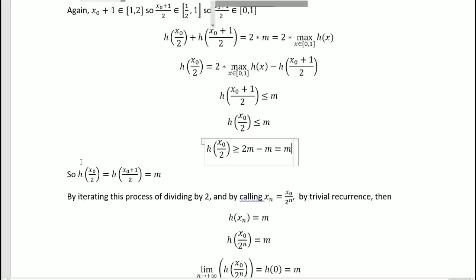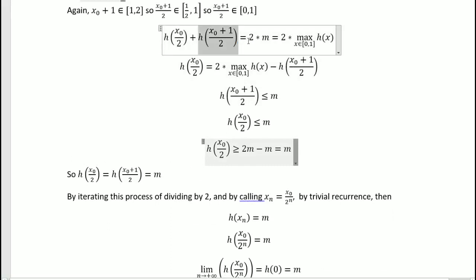So the only way that is possible is that you have something plus something that equals to twice the maximum. So the only possibility is that this equals the maximum and this equals the maximum, because it's not possible that something is higher than the maximum and this lower than the maximum, so the sum equals twice the maximum, because it's already the maximum.